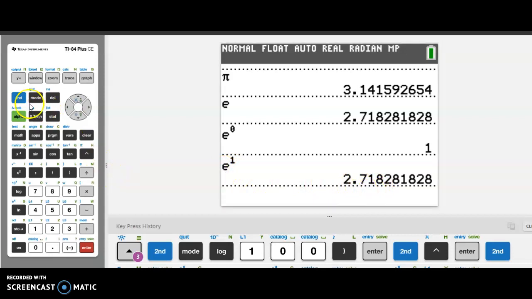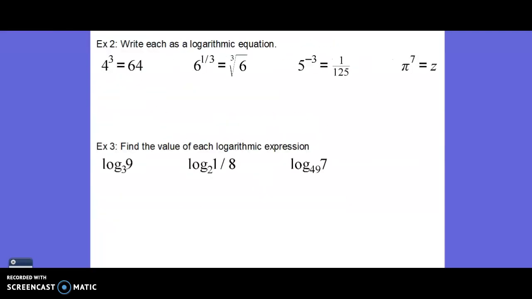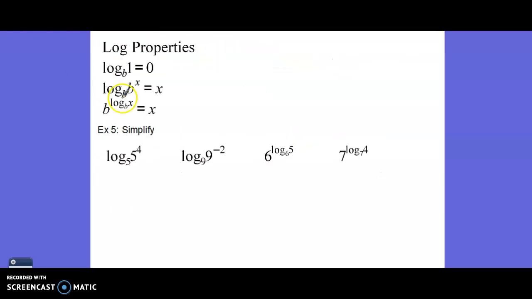There's a longer explanation on where e comes from and why we use it, but for right now, let's just leave it like that. So if you ever see a problem that says natural log of e, well, because they are inverses of each other, that's the implied base. I'll even pull up the fact that we learned in the previous lesson. I think it was 2 lessons ago. Here we go.